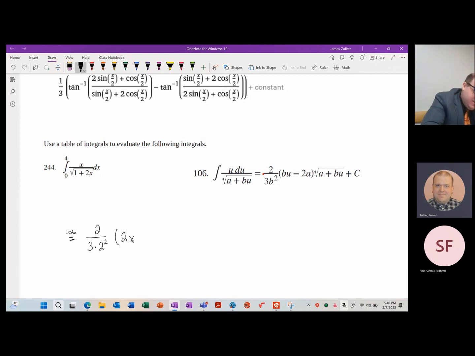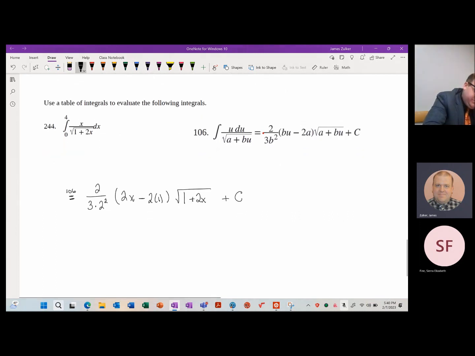Two x minus 2 times a, which is 1, times the square root of 1 plus 2x, plus a constant. Oh, right, don't need the constant, because this was an actual integral. So that's going to go from 0 to 4.